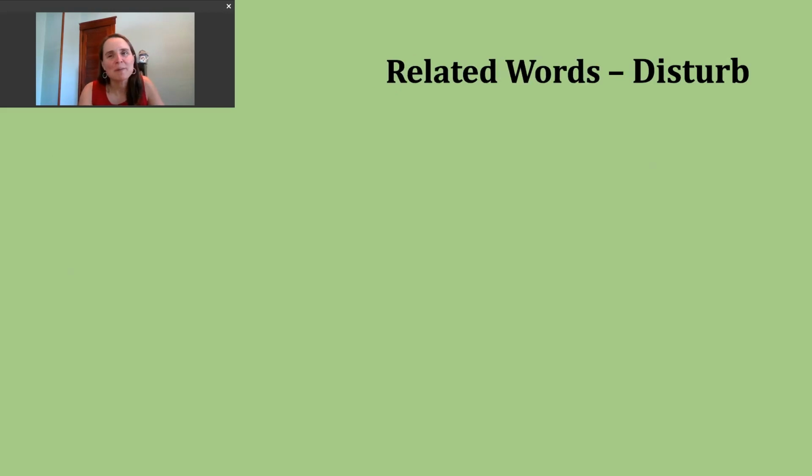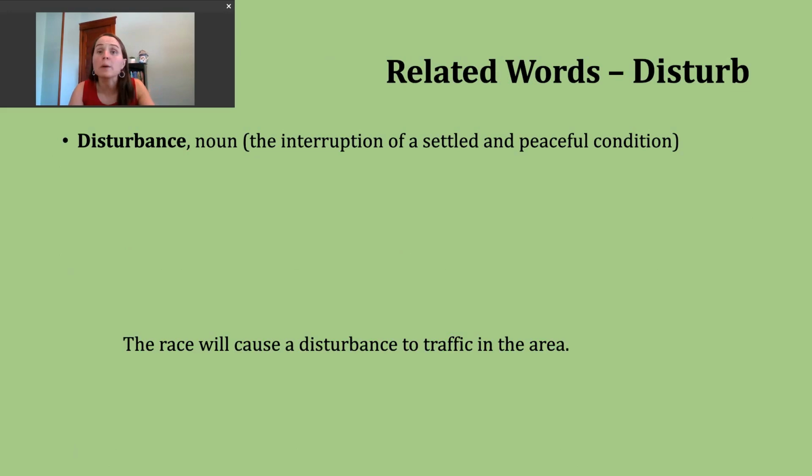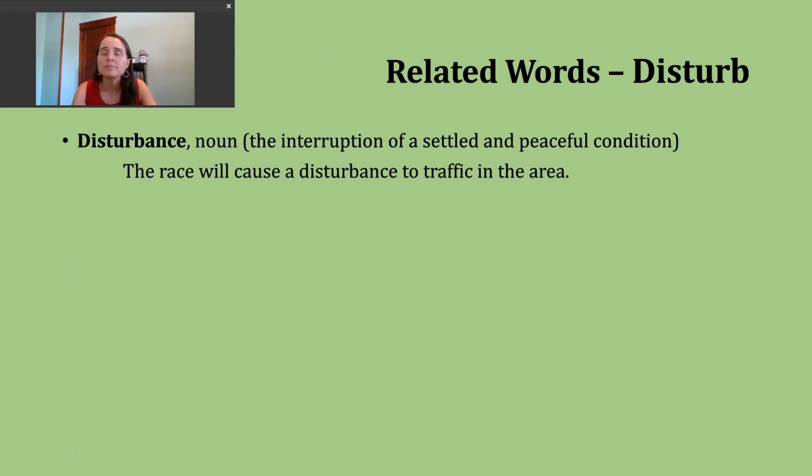Now let's take a moment to look at some words that are related to our verb disturb. And the first word we'll discuss is the noun disturbance. This simply talks about that interruption or the interference of some sort of settled or peaceful condition. An example of this might be, the race will cause a disturbance to traffic in the area.